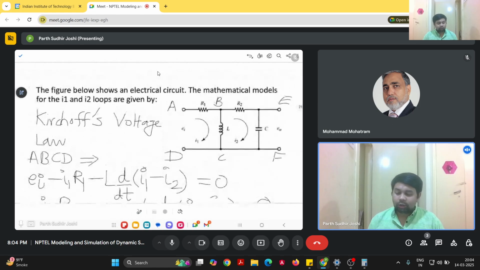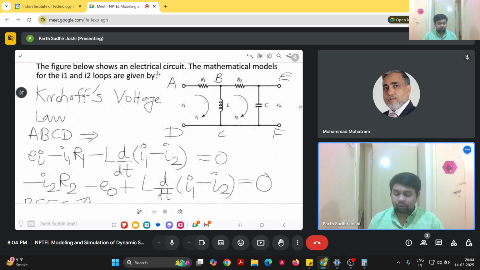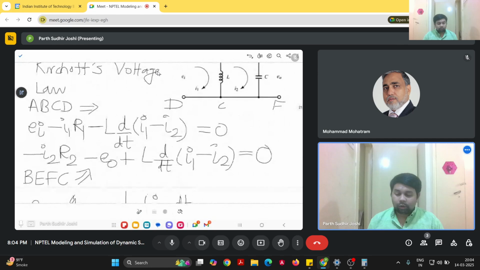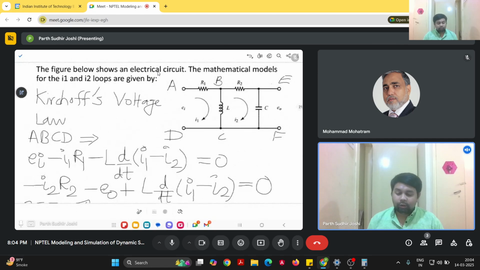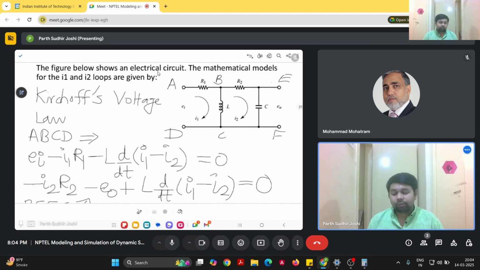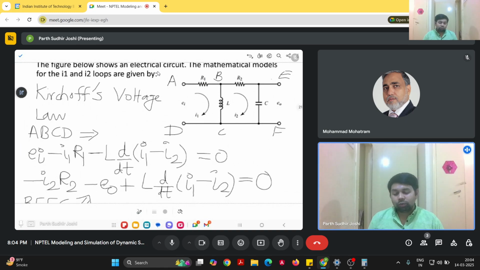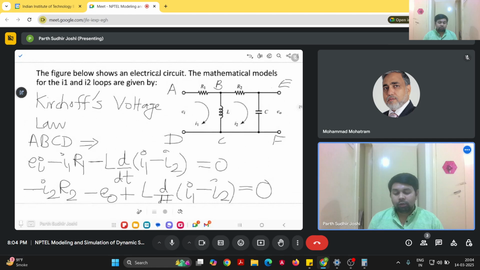So this is the way we can write the equations. Similarly, we can also use Kirchhoff's current law.